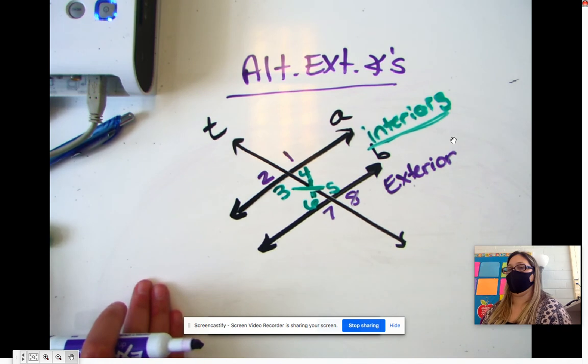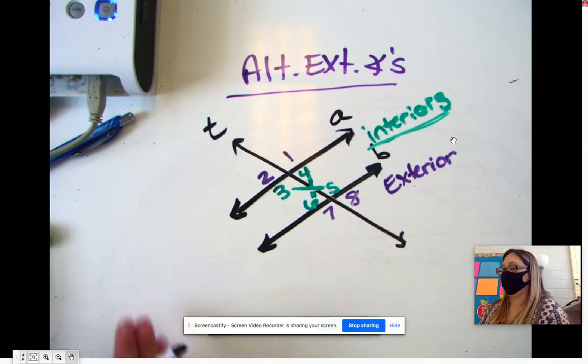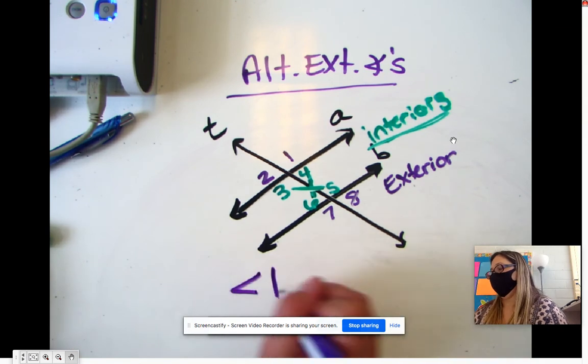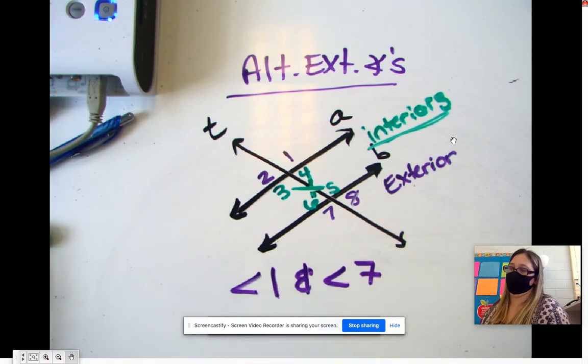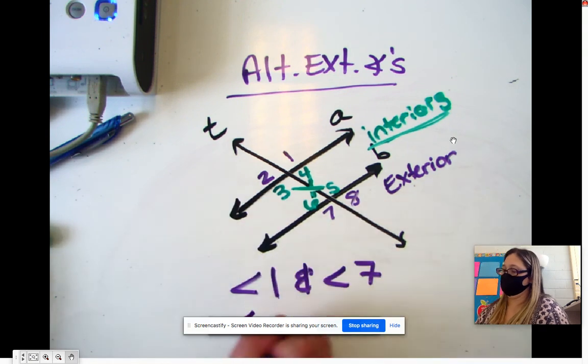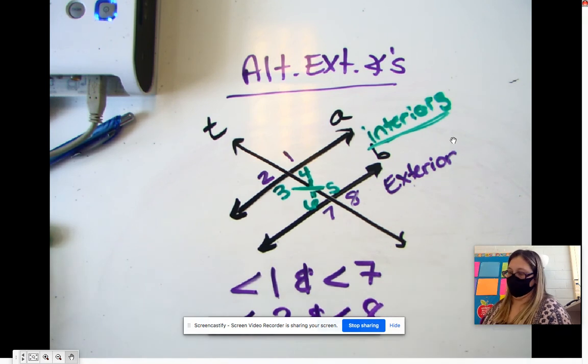So give me a pair that you think are alternate exterior. What is it? 1 and 7. Perfect. Angle 1 and angle 7 are alternate exterior angles, which means the other set is 2 and 8. Those are alternate exterior angles. Those two also equal each other. So angle 1 equals 7, angle 2 equals 8.